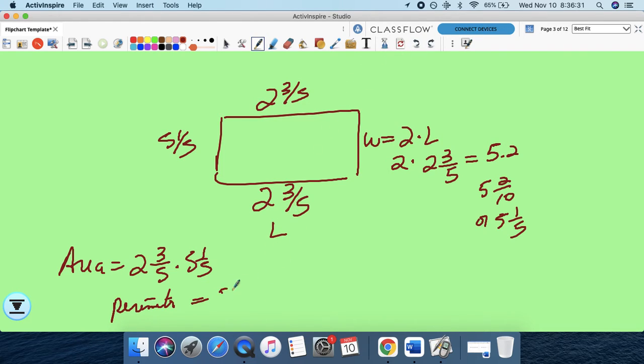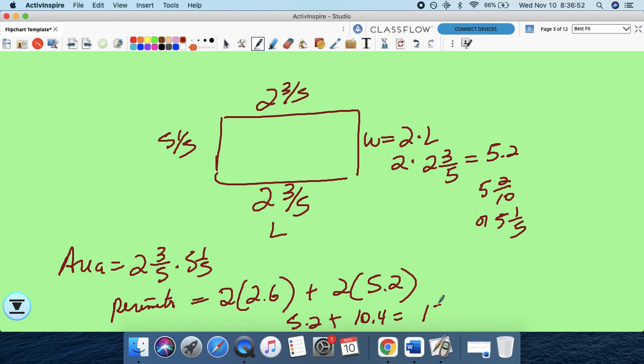So you can go 2 times 2.6 plus 2 times 5.2. Okay, so this is 5.2, this is 10.4, and our final answer is 15.6, what is this, feet? Inches? Something, inches. Our area is just a product of these two, which you guys can figure out yourselves.